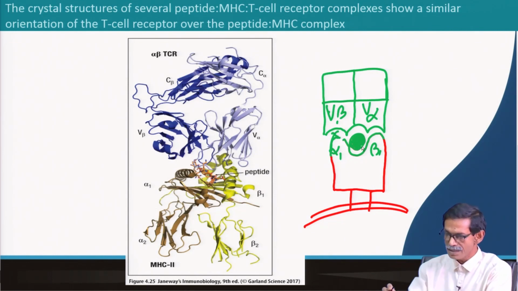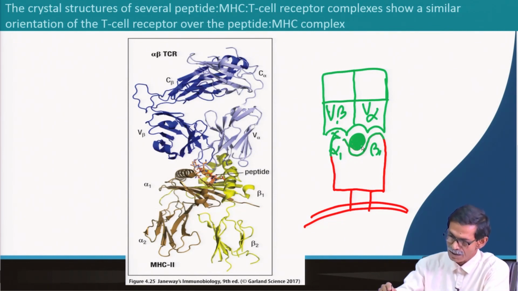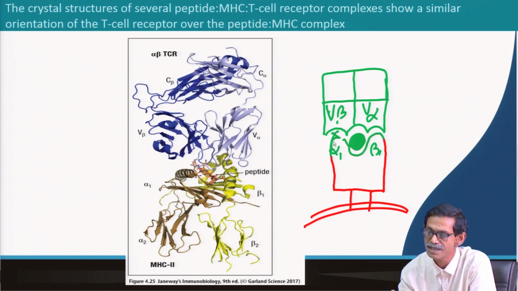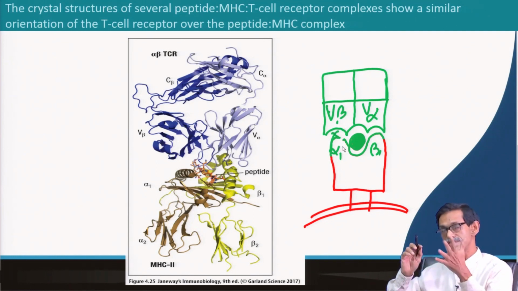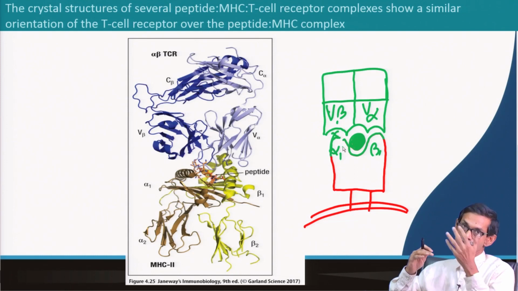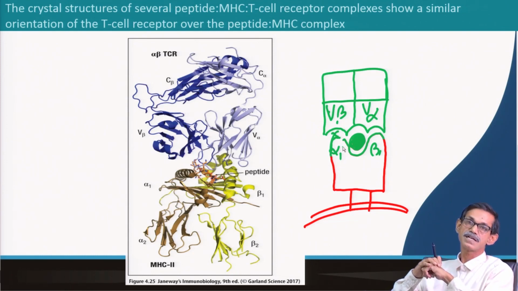So, in the TCR, the part interacting with the MHC is not that variable, and the central part of the TCR is contributed by what? I told you before also, this is the CDR3. That is why CDR3 is most variable in the T cell receptor, and in antibody also, because they are interacting with a variety of antigens.